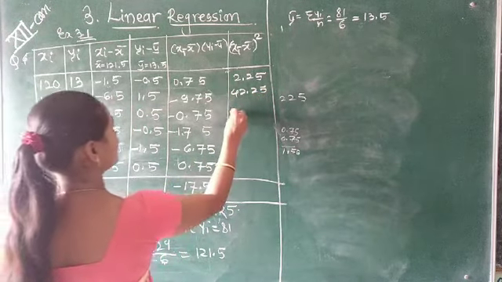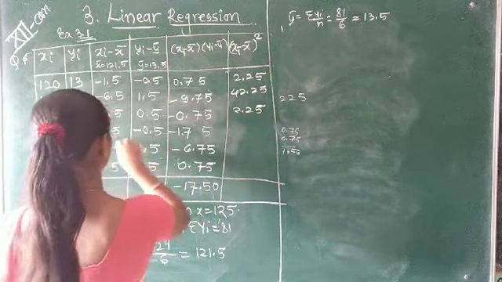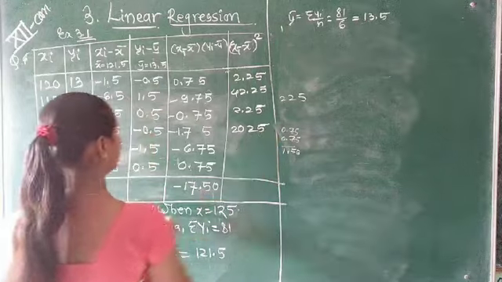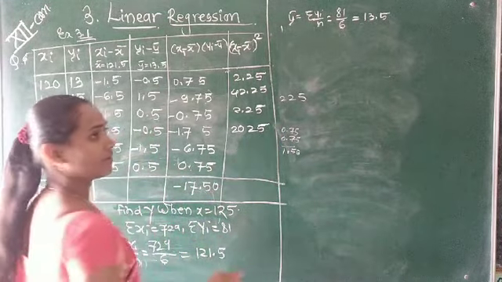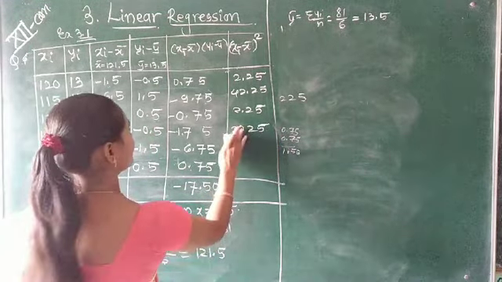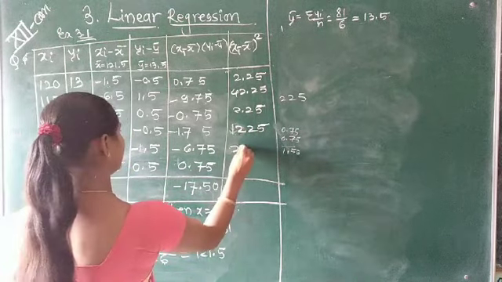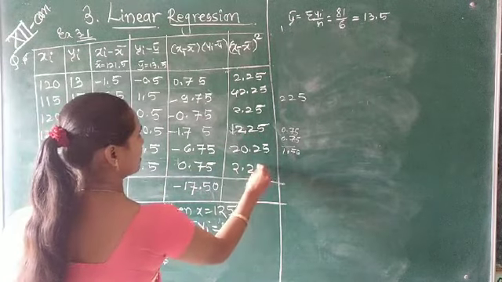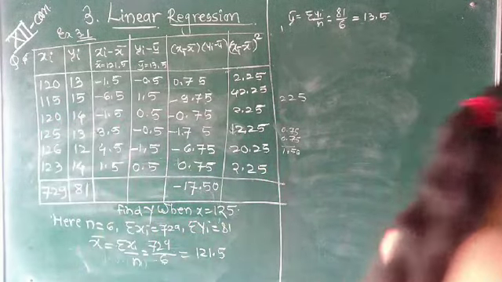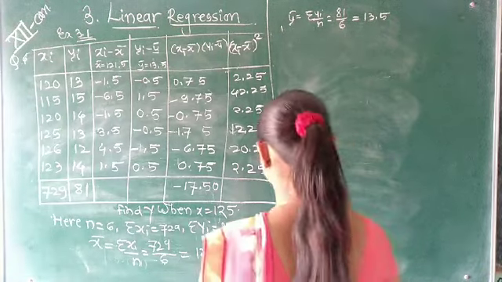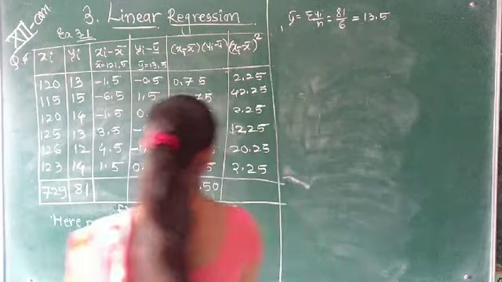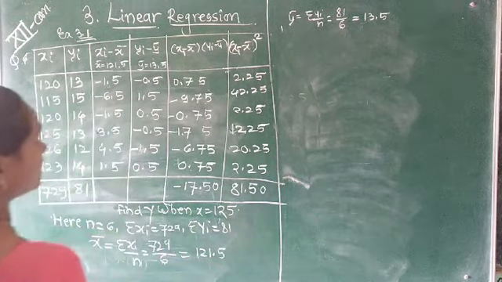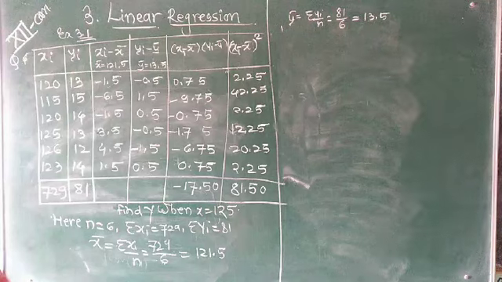Next again it is 2.25. 3.5 square is 12.25. 4.5 square is 20.25. And next, 1.5 square is 2.25. The addition of our last column, the sum of xi minus x bar square, is 81.50.